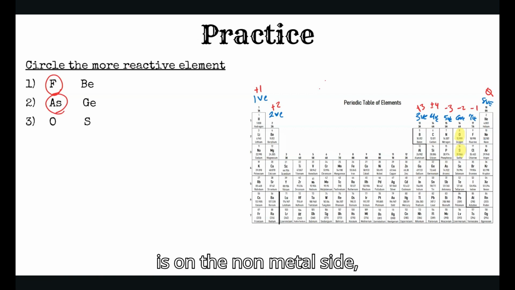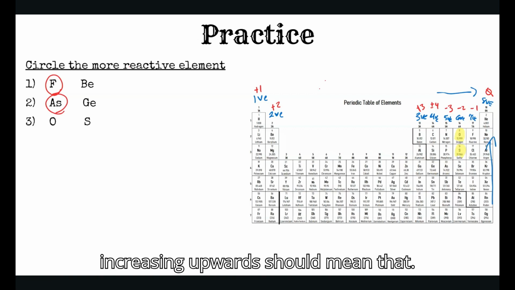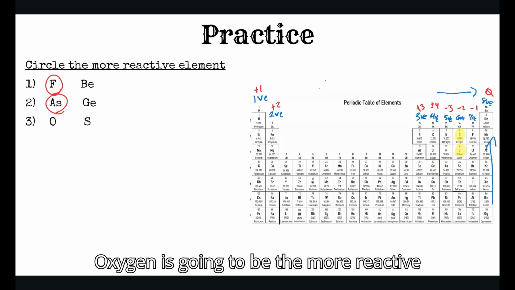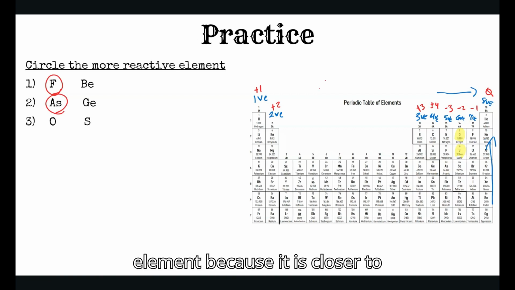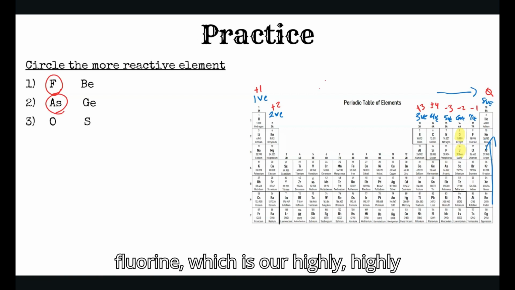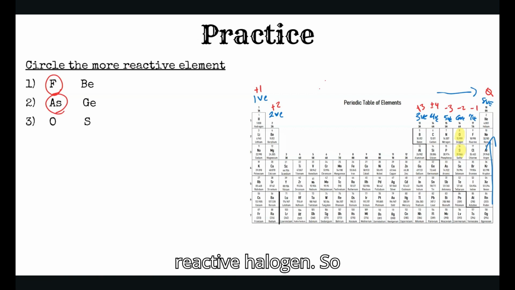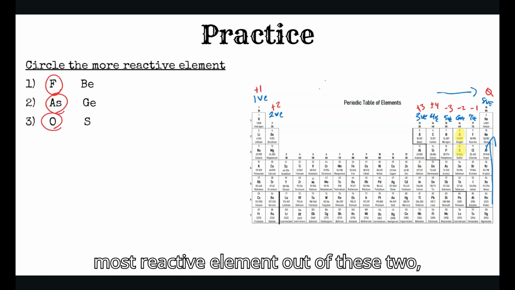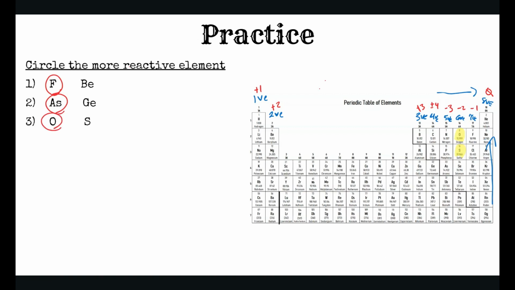And because this is on the non-metal side, we should remember that it is going to increase to the right and it increases upwards. So increasing upwards should mean that oxygen is going to be the more reactive element because it is closer to fluorine, which is our highly, highly reactive halogen. So oxygen is going to be the most reactive element out of these two. And that is going to be how we take a look at reactivity.